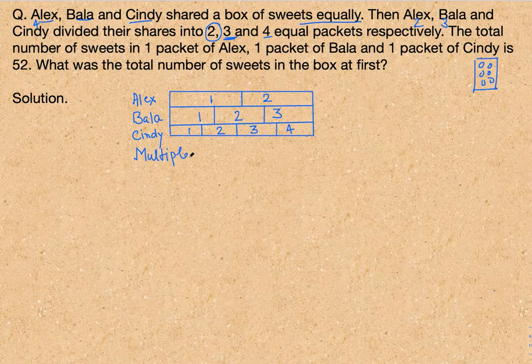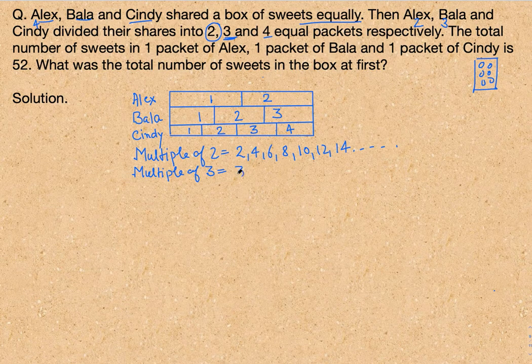So let's write the multiples of 2. That will be 2, 4, 6, 8, 10, 12, 14 and so on. Similarly, let's write the multiples of 3.